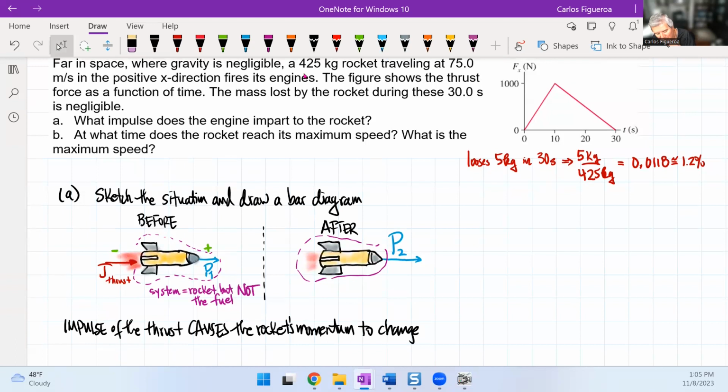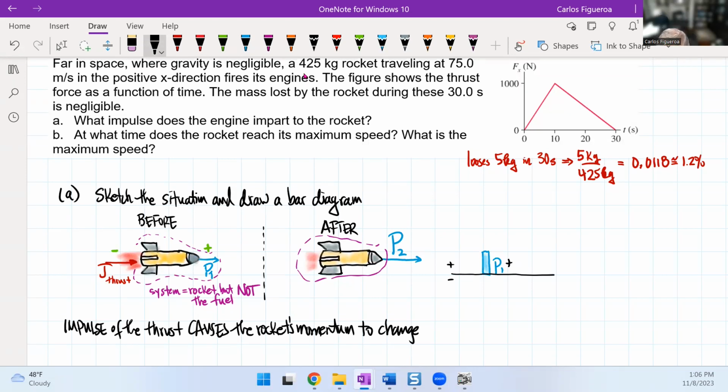I can't talk about the momentum of a rocket at a single point. So I'm going to say, okay, what was the momentum of my rocket? Well, my initial momentum of the rocket is this P1. Now, because of the way I'm scaling this, I'm going to say that this equals my positive direction. So this is positive, this is negative.